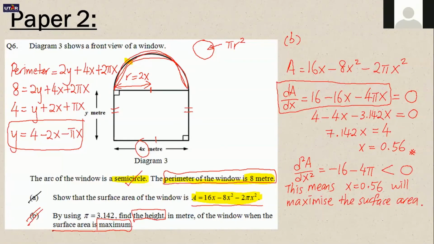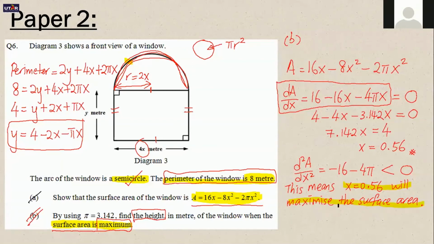Yes, I want the surface area to be maximum. So it fulfills our question. We know that this point will maximize the surface area. So this is the answer that we want.